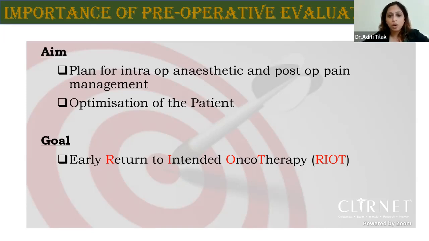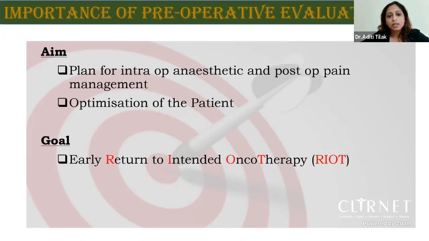While this is true for all patients, it is extremely important for the cancer patient because surgery is only part of the treatment of our patients. Following that, they are expected to undergo a rigorous regimen of chemotherapy, radiation, and deal with a lot of complicated treatments. So if at the end of our surgical period, the patient is fit enough to undergo this treatment, that defines the success of surgery.